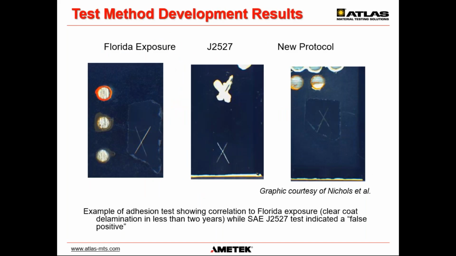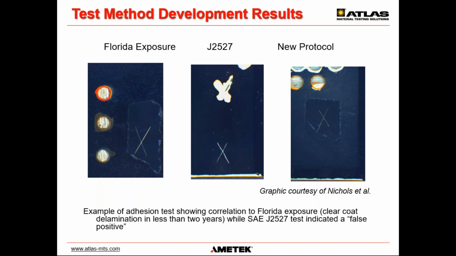Now, in terms of degradation and correlation, the primary problem was that we were seeing some false positives using traditional J2527 exposures. You were having materials passing J2527 which were failing in real-time exposures.